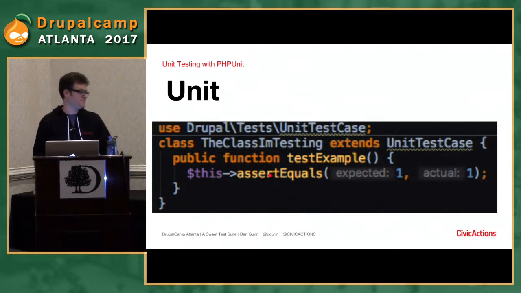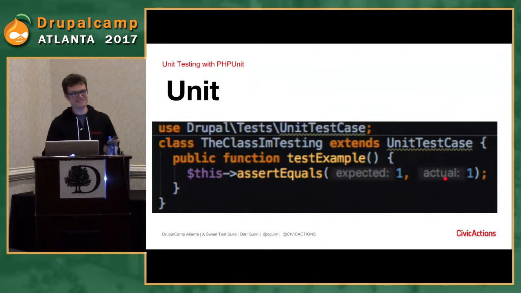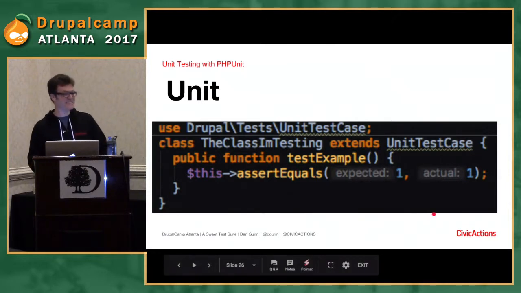And assert equals is probably the most used assertion, I would say. And you'll have an expected value and an actual value. This is always going to be true unless you're in some sort of alternate universe where 1 does not equal 1. So.